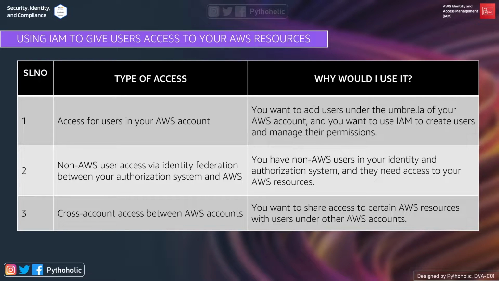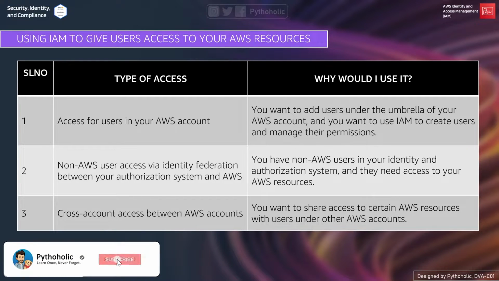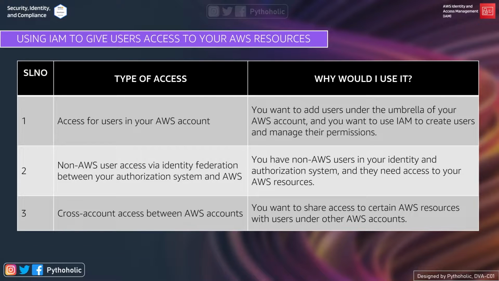Let's suppose the user is not a part of the AWS, but is already there in your company's directory service. In that case, for non-AWS user, the access provisioning can be done via identity federation between your authorization system and AWS. So this will be used when you have non-AWS users in your identity and authorization system, and they need access to your AWS resources.